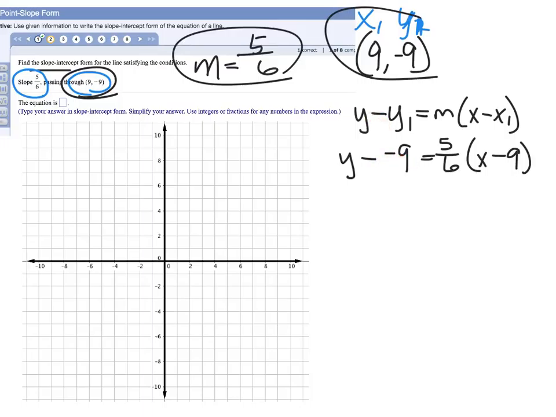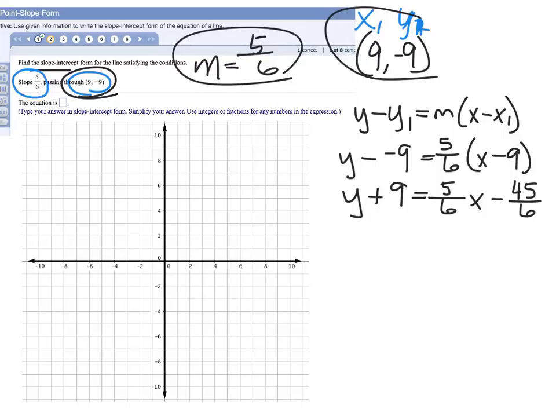And so to simplify that a little bit, that becomes y plus 9 equals, and then I'm going to use the distributive property here also. So that gives us 5/6 x minus 45/6. And that 45/6 is because 5 times 9 is 45/6.